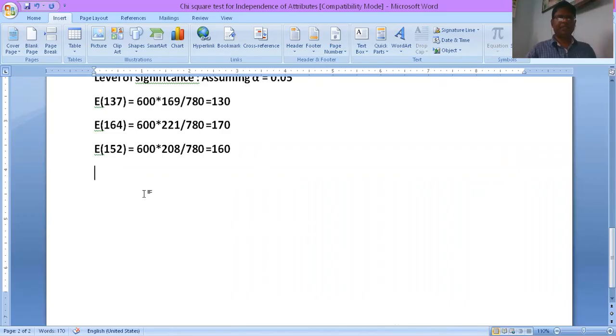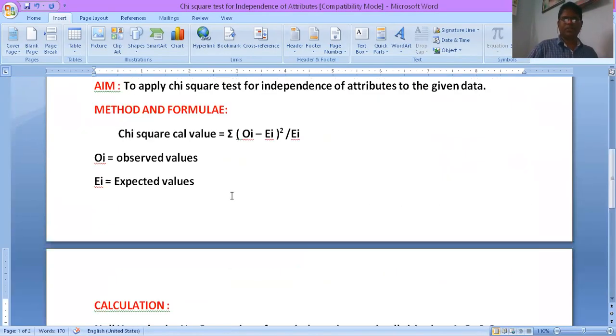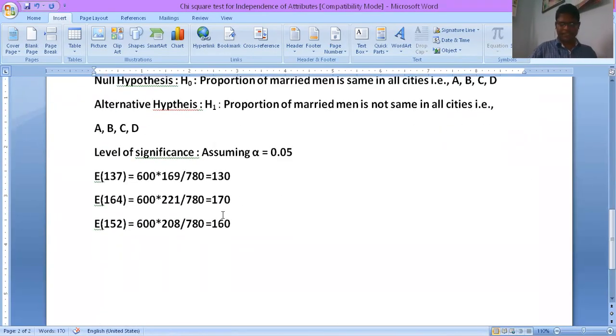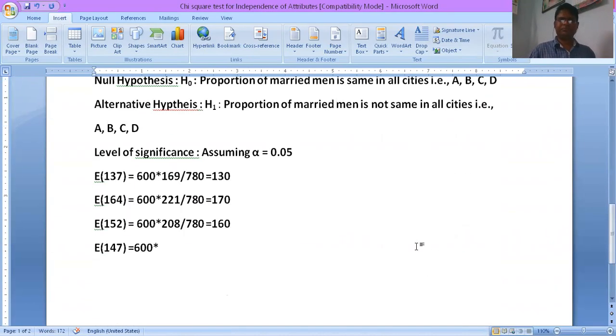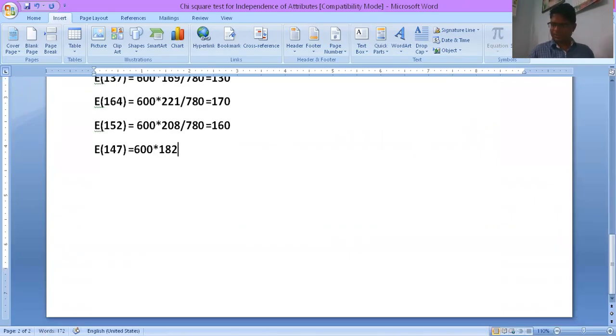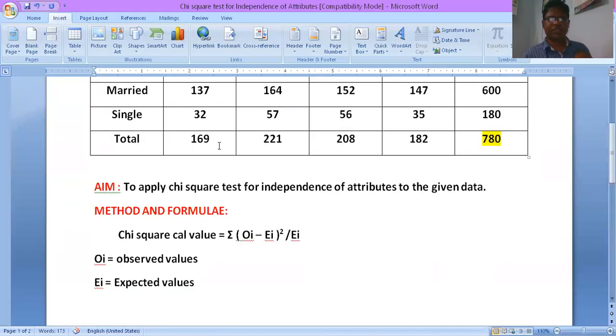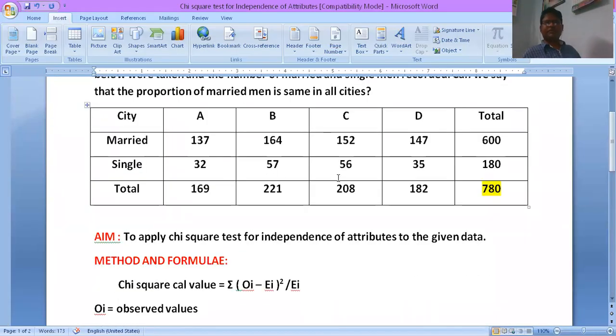Like that, for 147, E of 147: last value is 600. Vertically the total is 182. Grand total is 780. This will be 140. Next, four values are there: 32, 57, 56, 35.